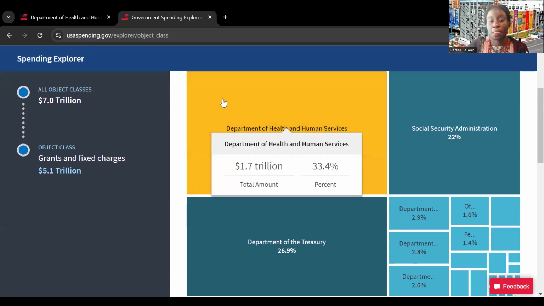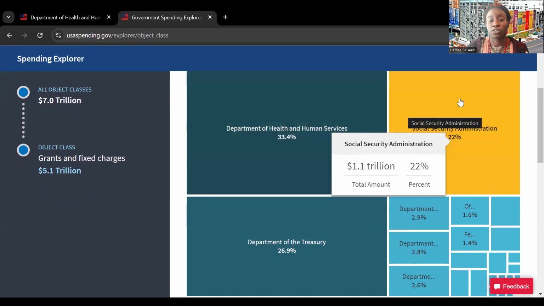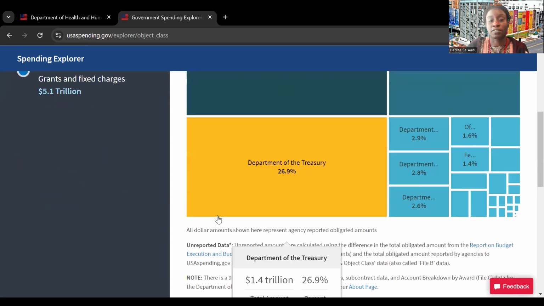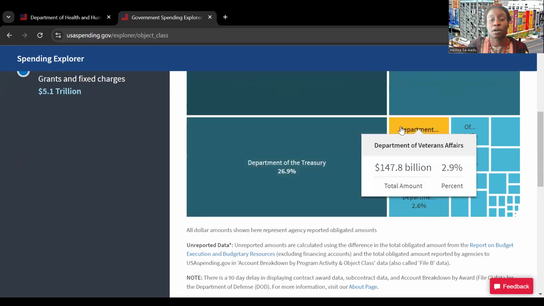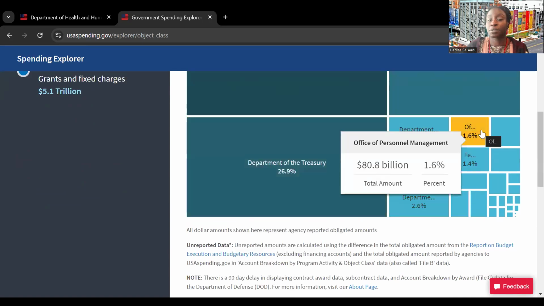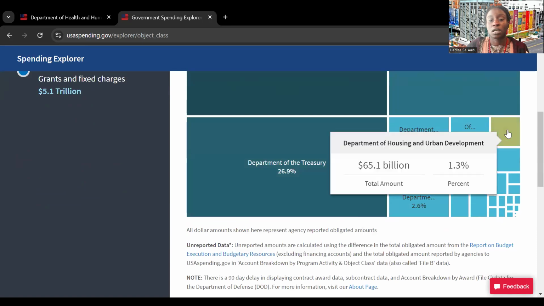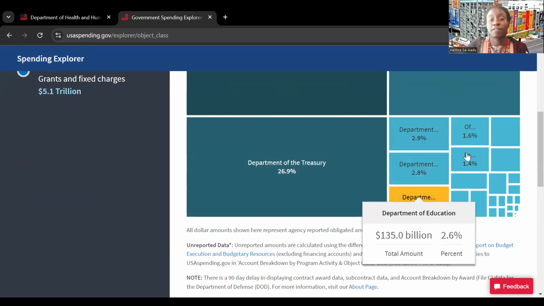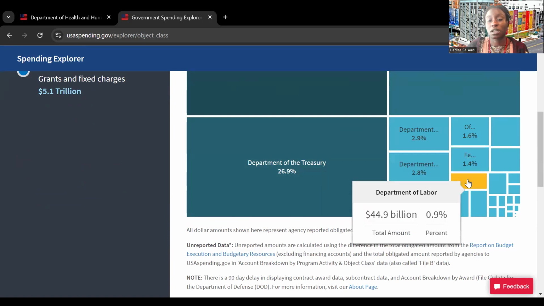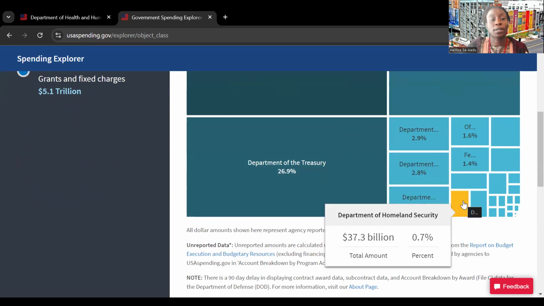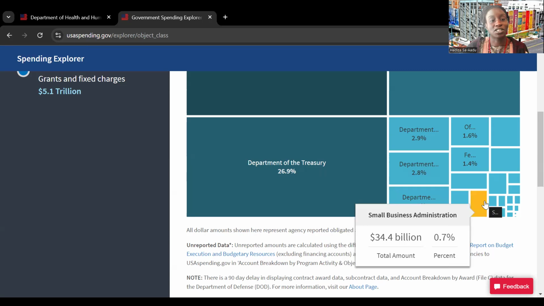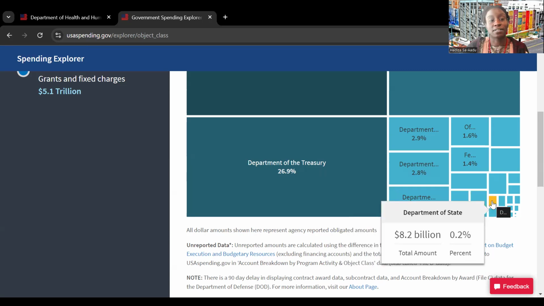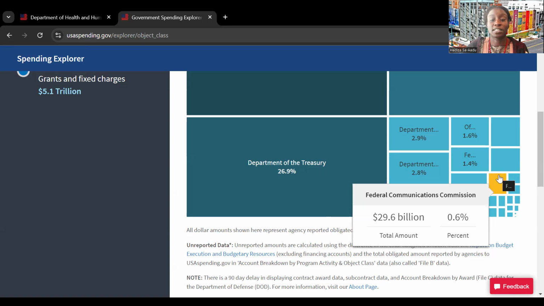So we've got the Department of Health and Human Services, the Social Security Administration, the Department of Treasury, as well as the Department of Veterans Affairs, Office of Personnel Management, Department of Housing and Urban Development, Department of Agriculture, Department of Education, Federal Deposit Insurance Corporation, Department of Labor, Department of Homeland Security, Small Business Administration, Department of State, Federal Communications Commission.